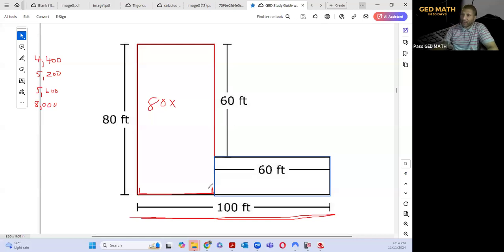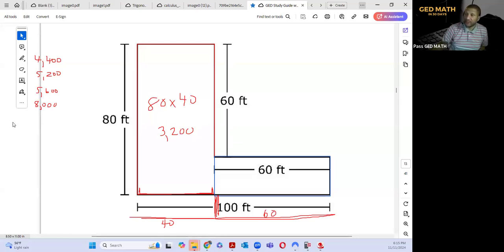So how do we find what this is? You should observe that from here to here is 60. So if this part is 60, what's this piece going to be? 40. So the area of this first rectangle is 3,200. 8 times 4 is 32, and I got 2 zeros.